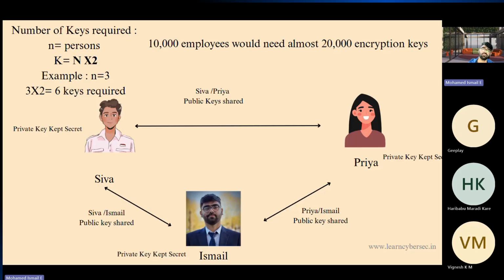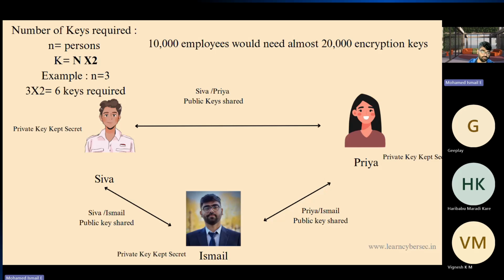Symmetric is not suitable for large environments, large systems, large numbers of users. Asymmetric is suitable for large environments where they just need two keys per system, per user or per process, right? So the minimum amount is just two keys per user. That way the key requirement is controlled.